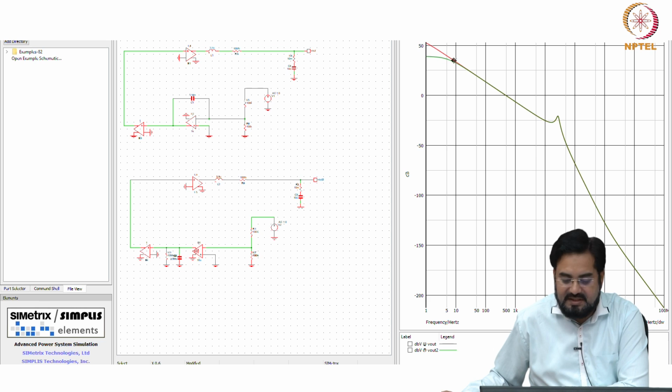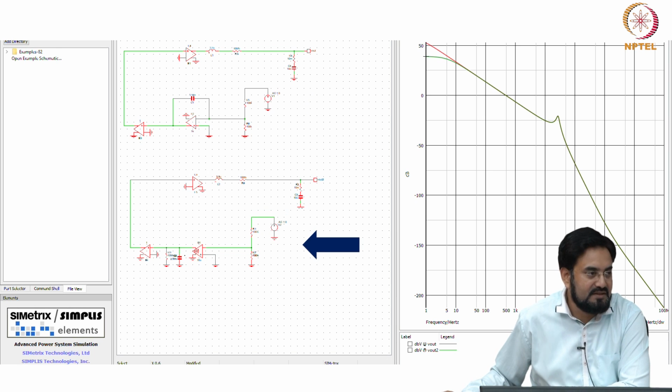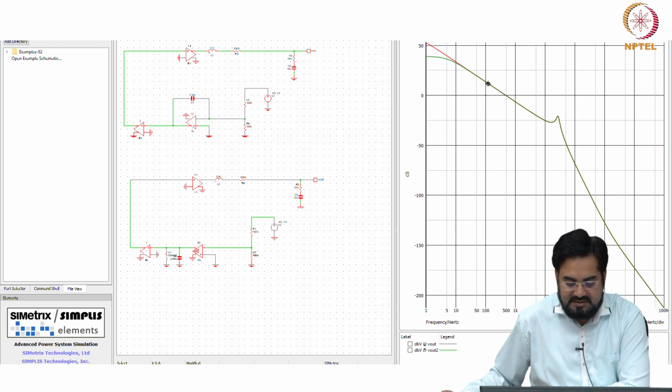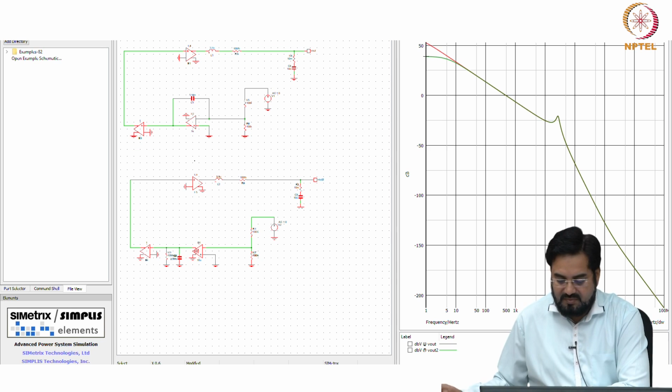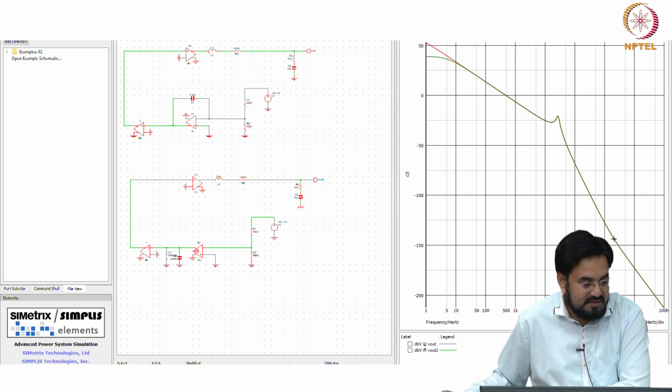The only difference you see at low frequency is due to this resistor, because this is an ideal integrator and this is non-ideal. That's why you are seeing that. But you are more interested in this peaking and UGB, so it's crossing at the same value, UGB, and your gain margin is the same.